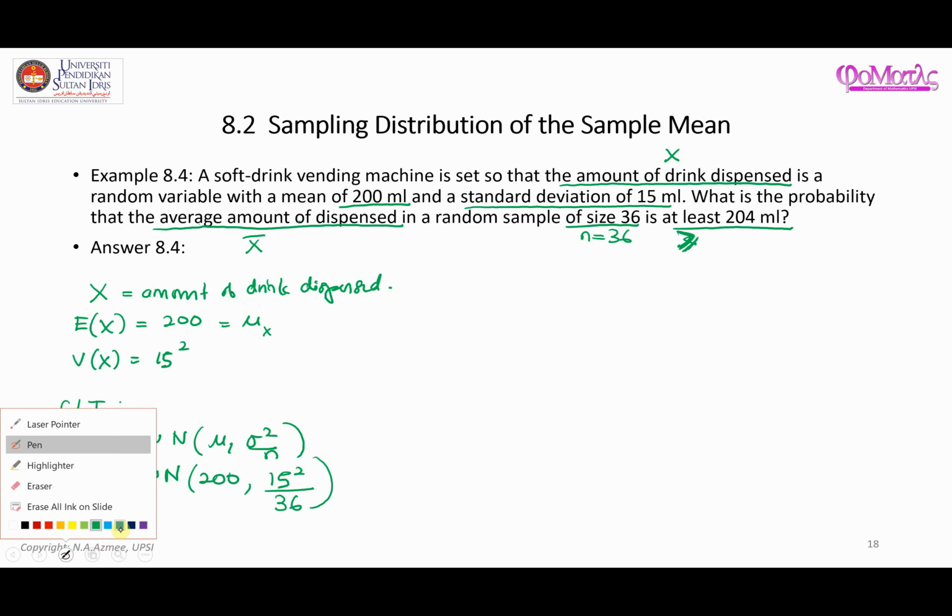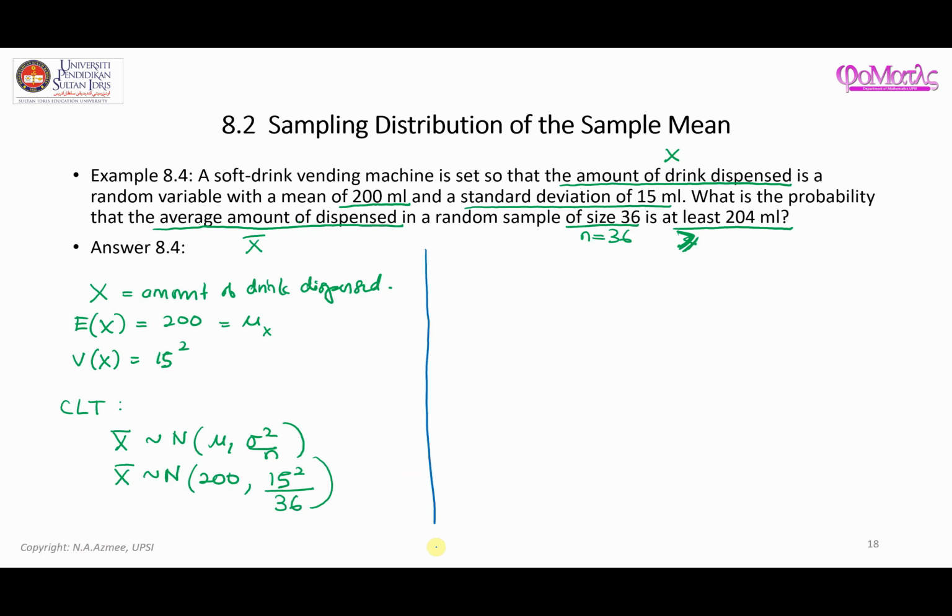By having this, we can easily answer any probability question related to x bar. In this question, it is asking you to find the probability that x bar is at least 204 ml.